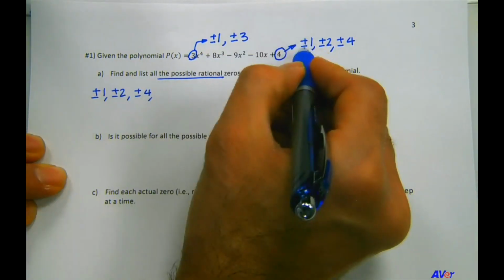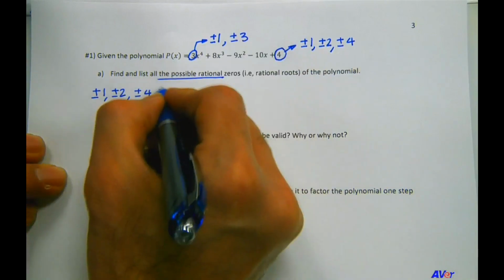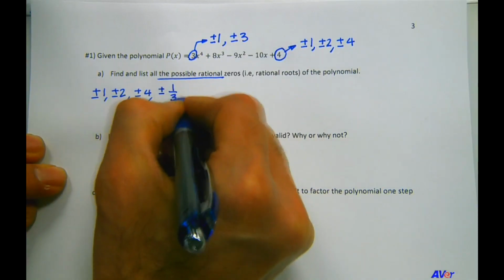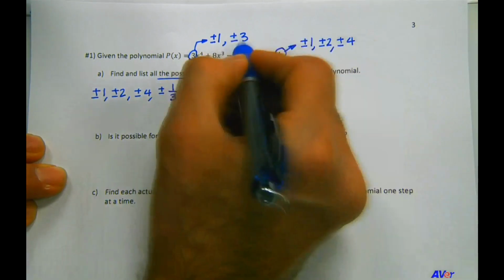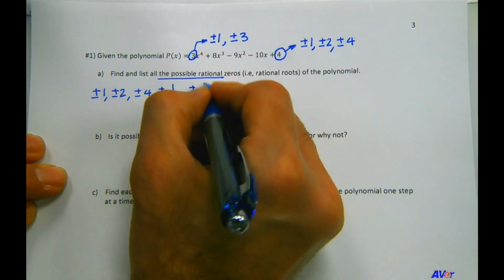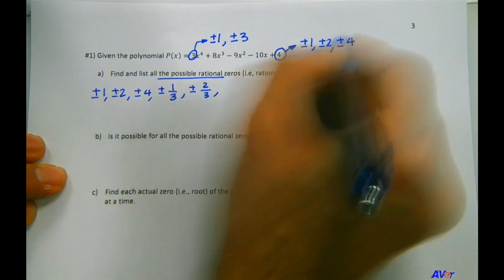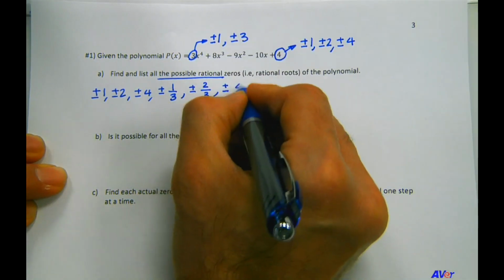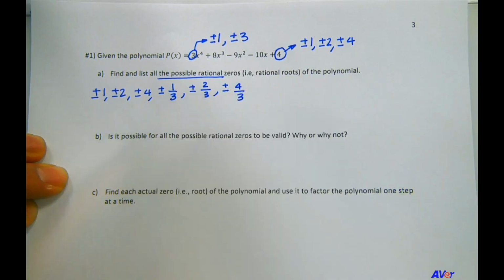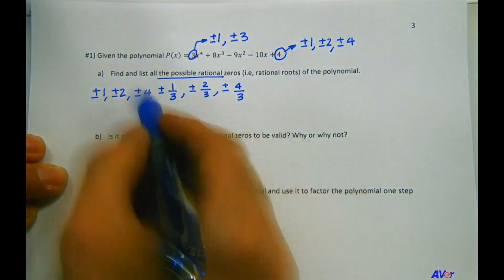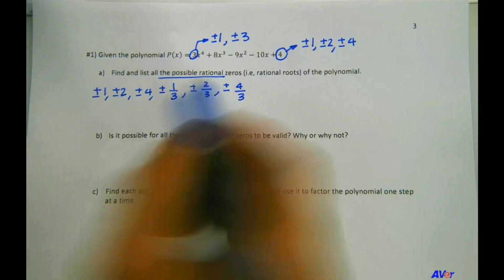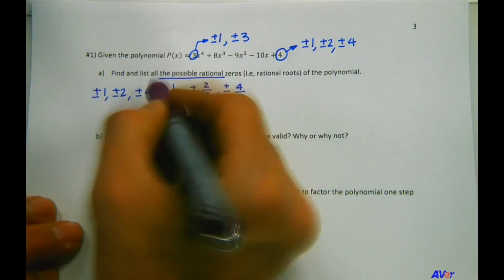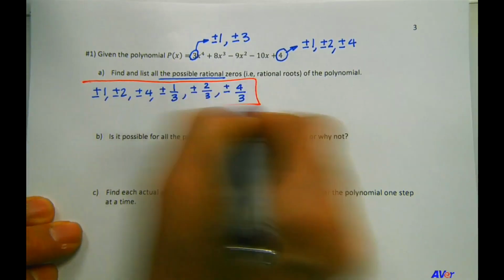So plus or minus 1 over 3, plus or minus 2 over 3, plus or minus 4 over 3. So these are all possible rational zeros of this polynomial.